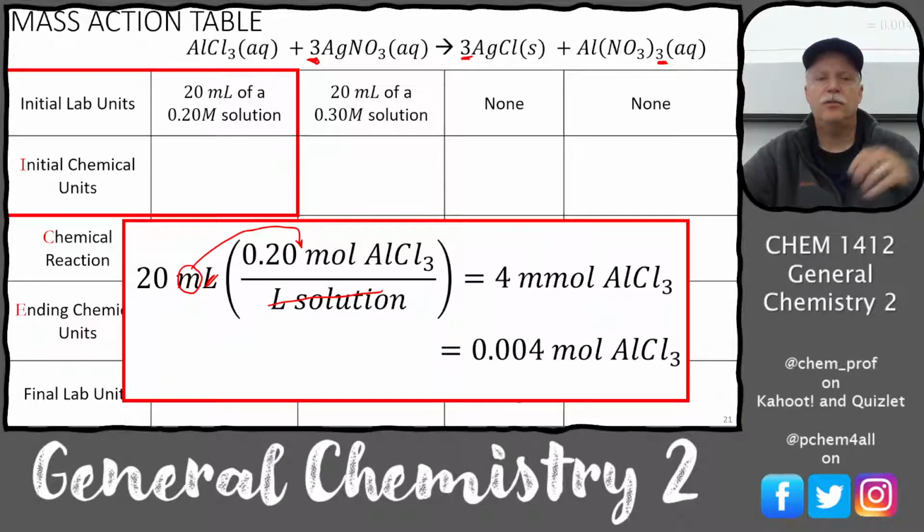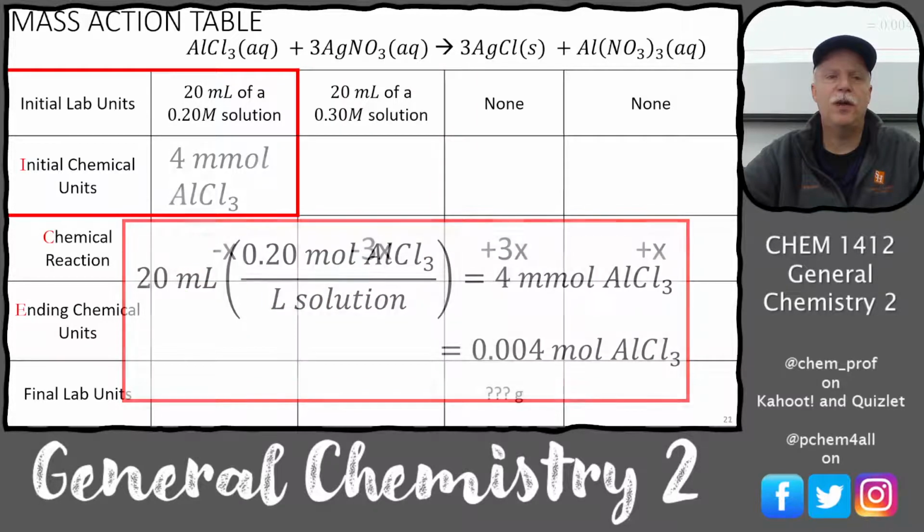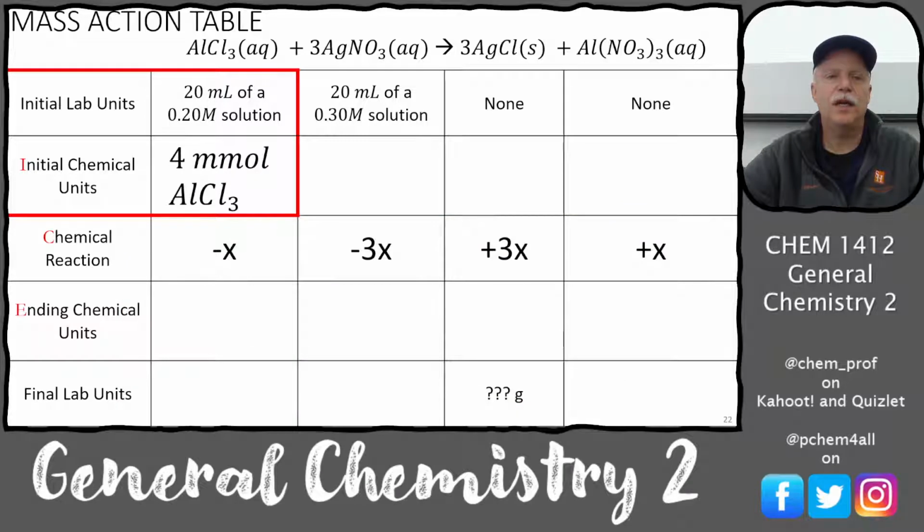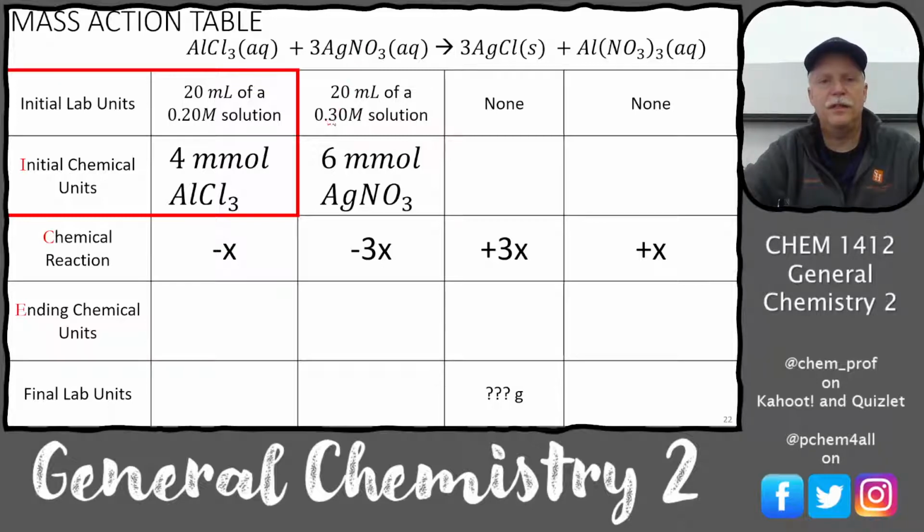Once you're finished with that calculation, you can write it in that square right there. So that's how many moles of aluminum chloride we have, and that's our initial chemical unit for that part of the problem. We could do the same thing for the silver nitrate. We have 20 times 0.3, which gives us 6 millimoles of silver nitrate.